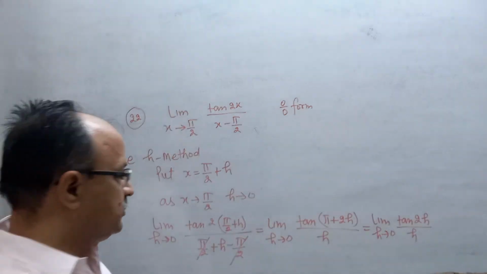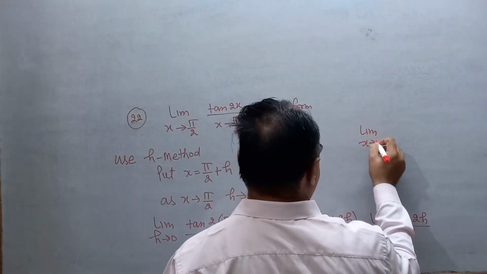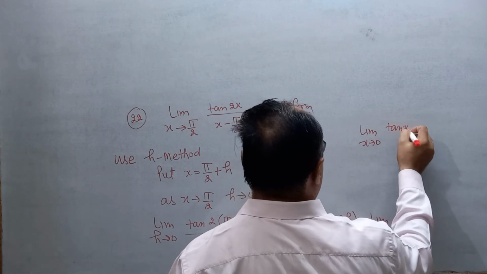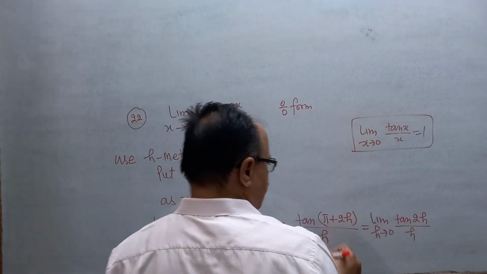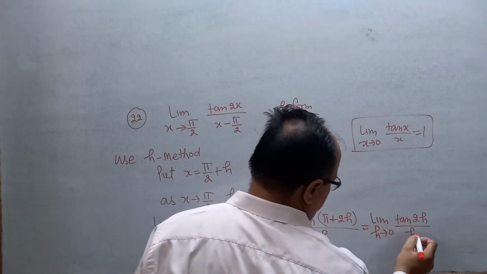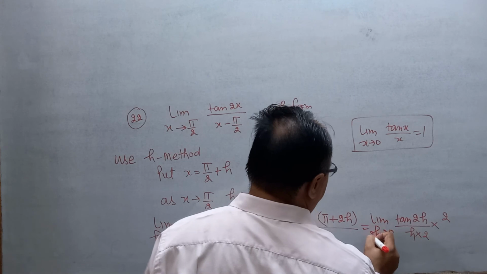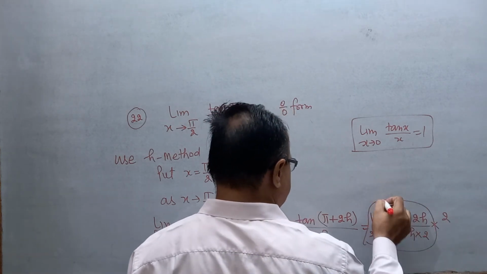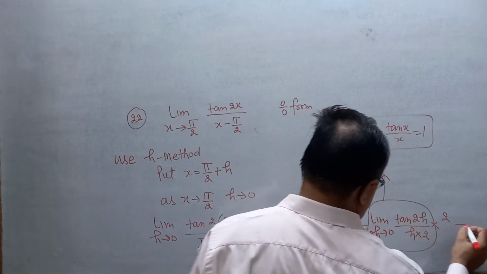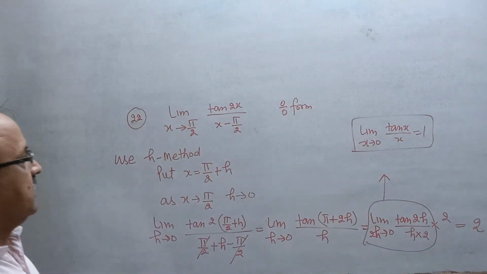And the property you know, limit x approaches 0 of tan x by x is 1. Use this property. For using this property, you have to multiply and divide by 2 here. This becomes 1 according to this property. Therefore, the answer of this question is 2. Clear?